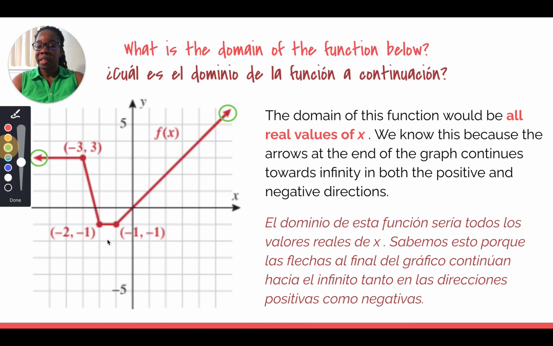And we're saying this because we notice that it's continuing in the negative direction, and it's also going to continue infinitely in the positive direction. So in this case, the domain is going to be all real values of x. And again, we know this because of the arrows on the ends of the graph.